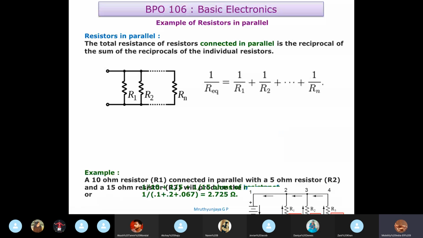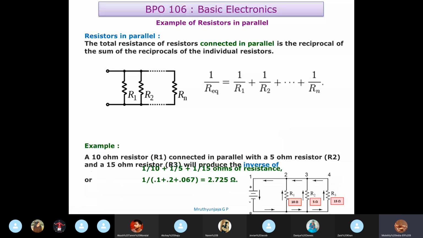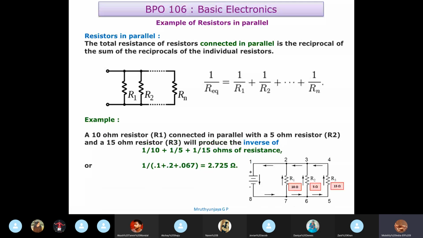Typical example with the same values that I had discussed earlier. If R1 is 10 ohms, R2 is 5 ohms, and R3 is 15 ohms, the total equivalent resistance of this circuit, looking from this end, is 1 by 10 plus 1 by 5 plus 1 by 15.